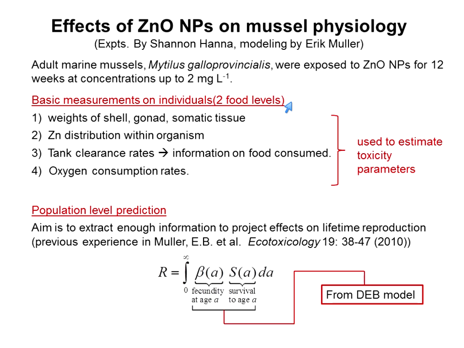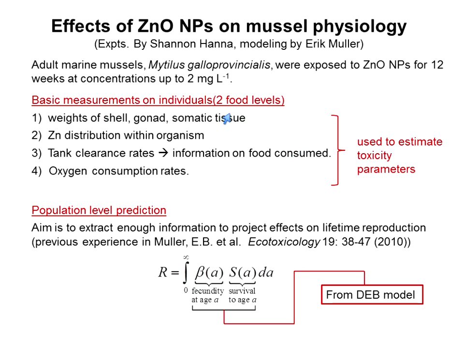I've illustrated a few of them here, and they relate to exactly the quantities you would expect based on what I've previously talked about. Essentially measures of size and the relative proportions of somatic versus reproductive tissue in the organism, something about the bioaccumulation of the contaminant, something about feeding rate, and something about oxygen consumption rates, respiration, which I've talked about.